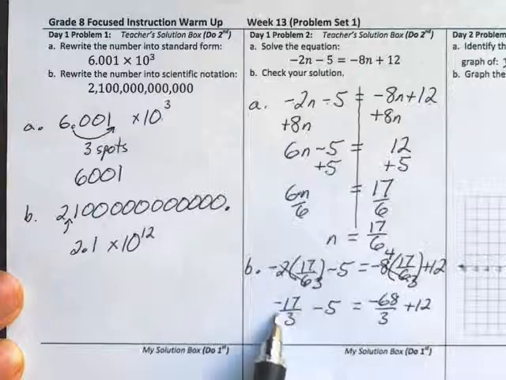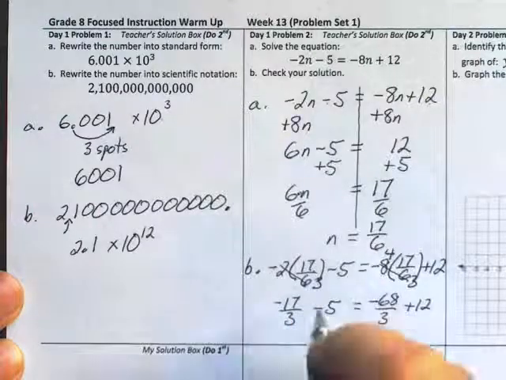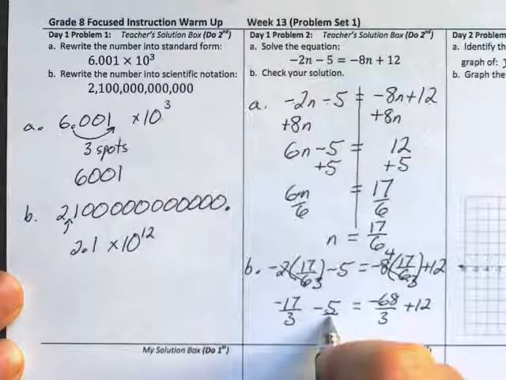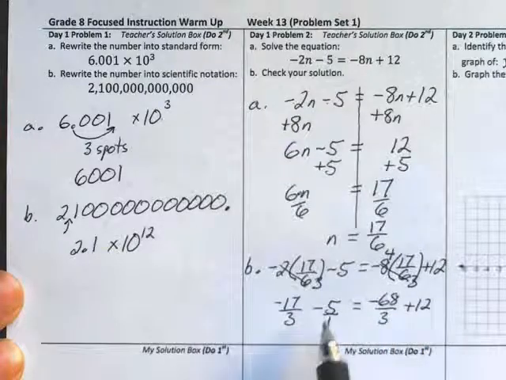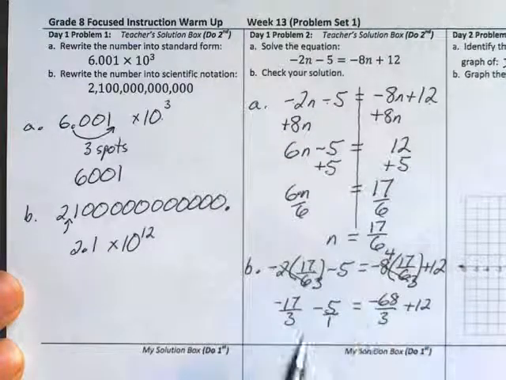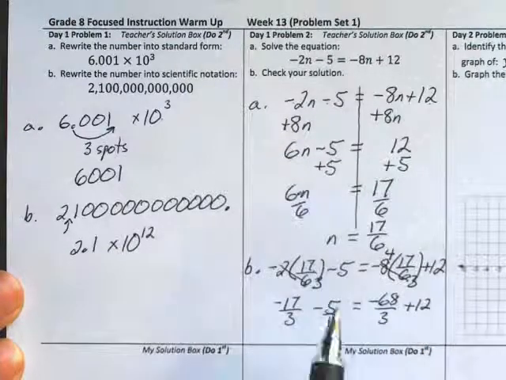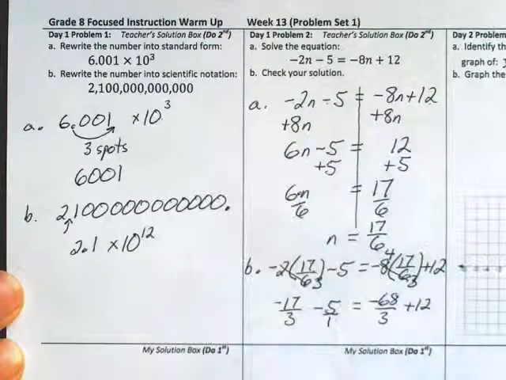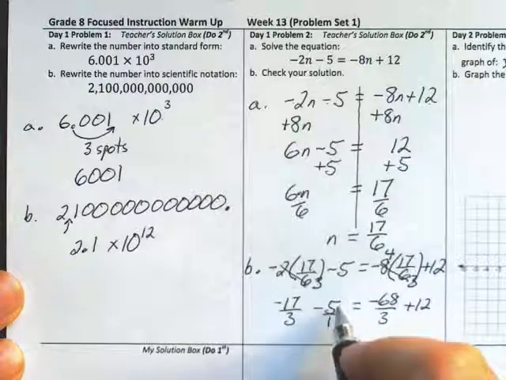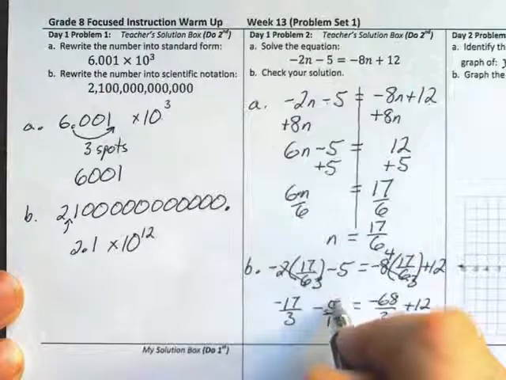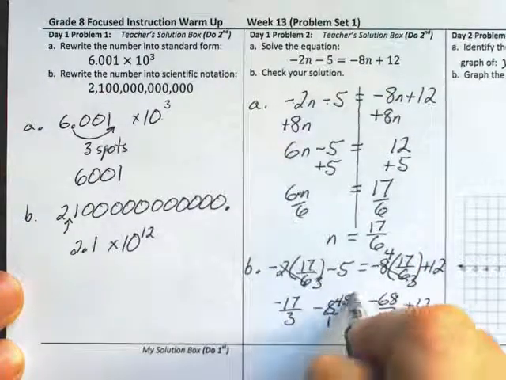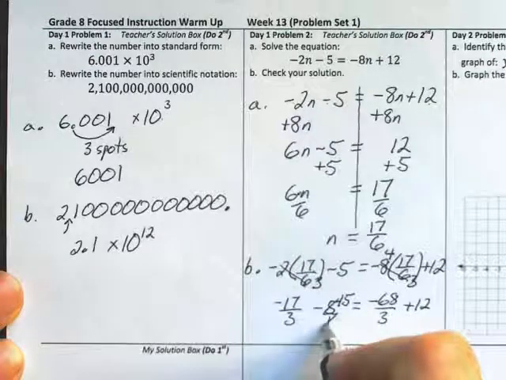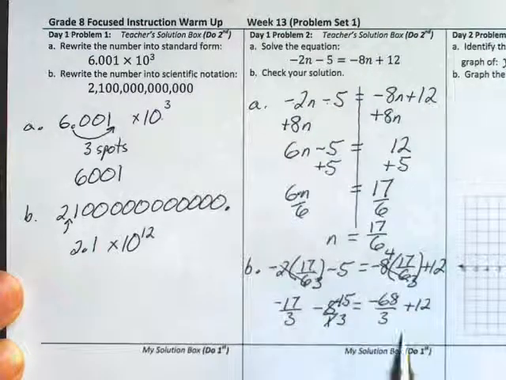Now, to have a fraction and subtract the whole number of 5, we can put first a 1 under the 5 to give it the look of a fraction, and then create a common denominator by multiplying the top and bottom by 3. If we multiply the top by 3, this becomes 15. And multiplying this by 3, this becomes 3.